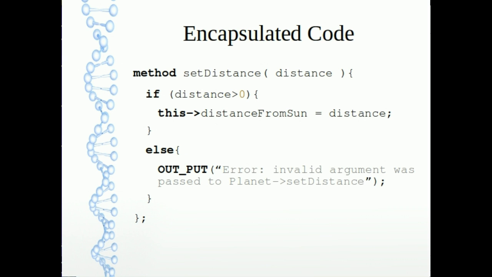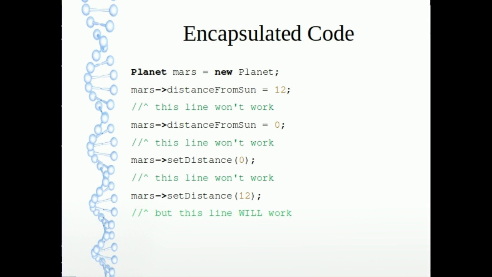Now let's create an instance of the planet class called Mars and see what happens when we try to change the distance from the Sun property of the Mars object. In the first line, we try to access the distance from the Sun property directly and assign it to the value of 12. Notice underneath I've put in comments that this won't work. It won't work for exactly the same reason the line underneath won't work.